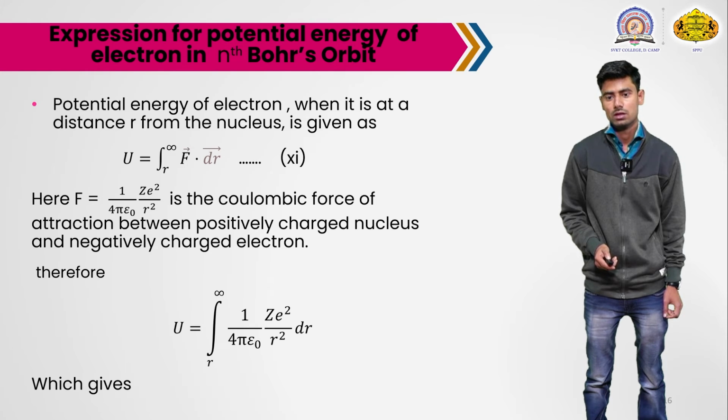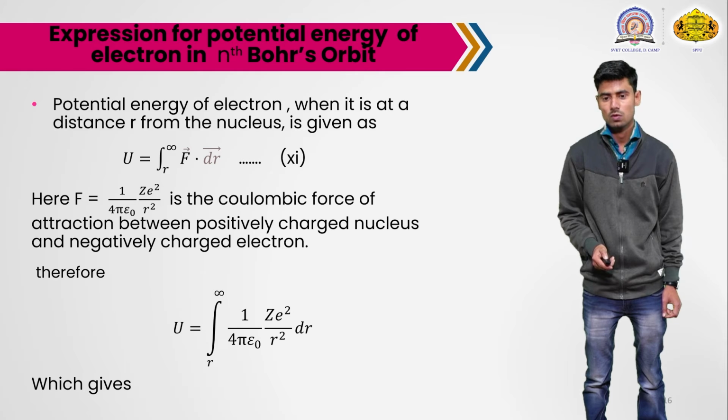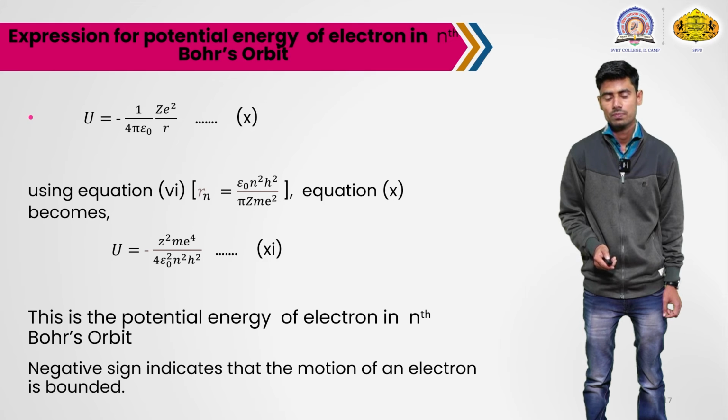All these things are constant here: 1 by 4 pi epsilon naught is a constant, Ze square is also constant, and the integration of 1 by r square will be minus 1 by r. So by substituting the limits of the integration, I will get potential energy U equals minus 1 by 4 pi epsilon naught Ze square upon r.